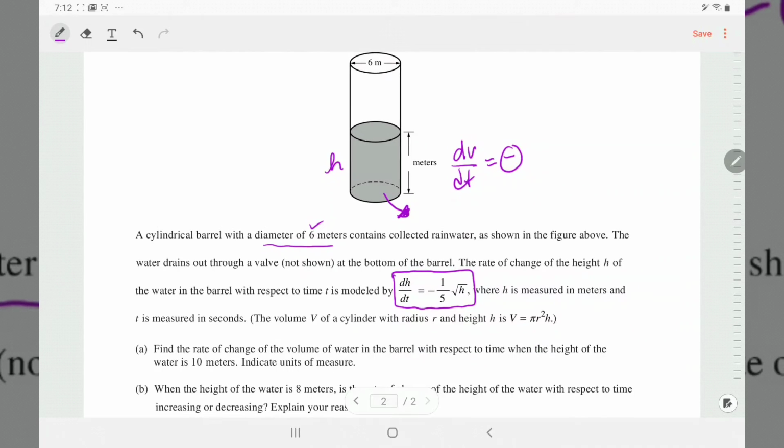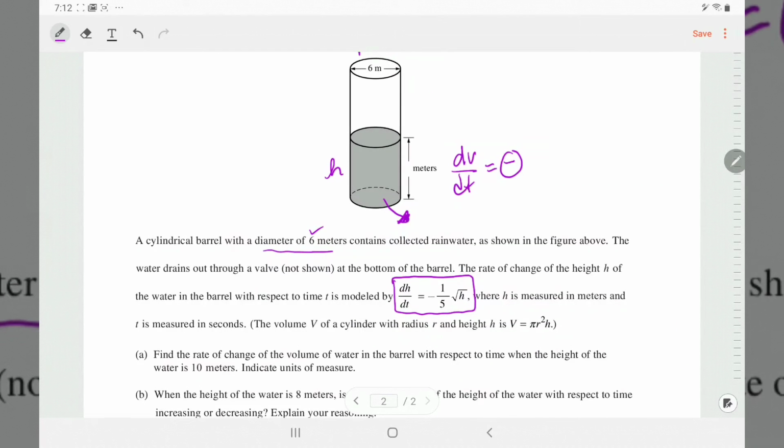I don't know if any of you learned my initials way, but TEDS was: T, translate the problem into math; E, find an equation that relates the letters involved; D, take the derivative; and then S, substitute.